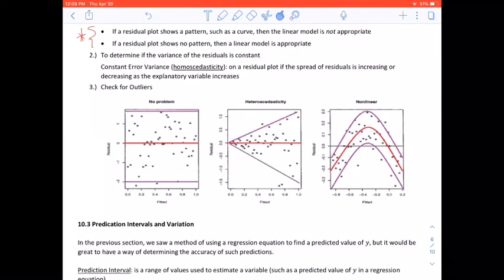For the other two, there is a pattern, and so that would not be okay. That middle one is when we have some kind of issue with the variance being constant. But again, no pattern would mean that it would be linear.